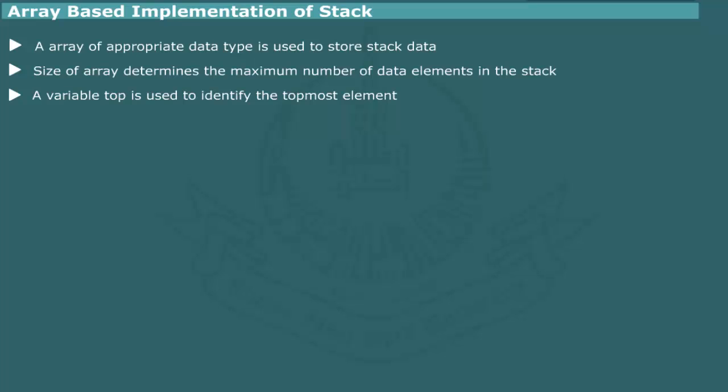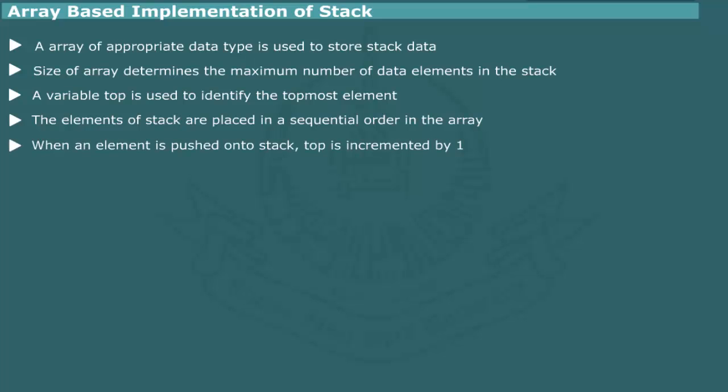It is initialized to -1 to indicate an empty stack. The elements of the stack are placed in a sequential order in the consecutive cells of an array. By convention, the first element that enters the stack is placed in the first cell, the second in the next cell, and so forth.